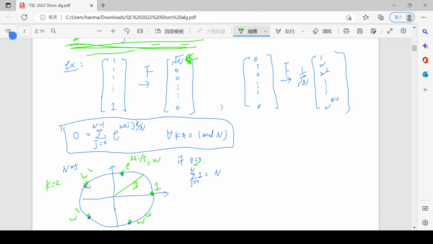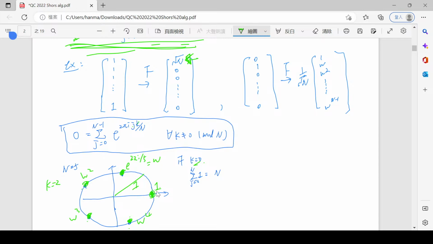For j equal to 2, we have 2 times 2 equals 4. So we go 2 slots every time, then at j equal to 3 we are here because 6 is equivalent to 1, and then 8 is equivalent to 3.